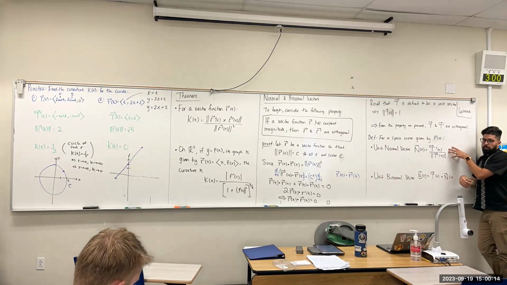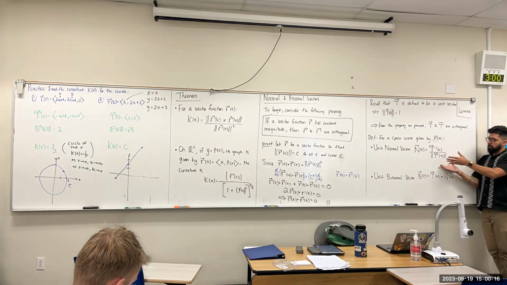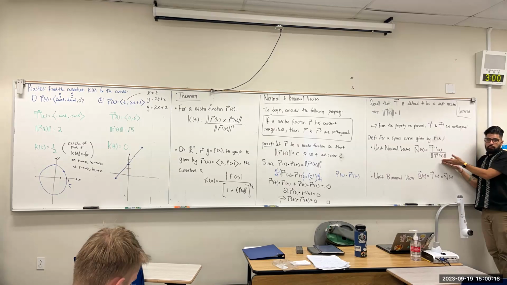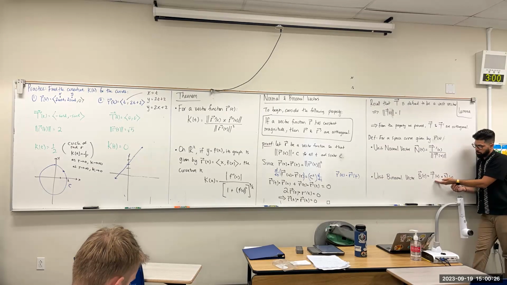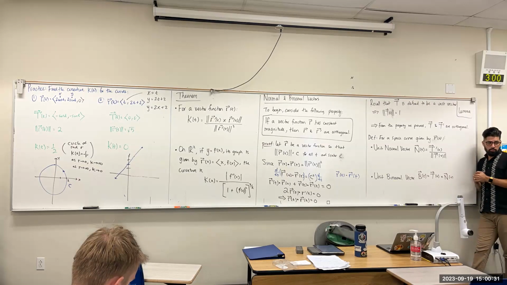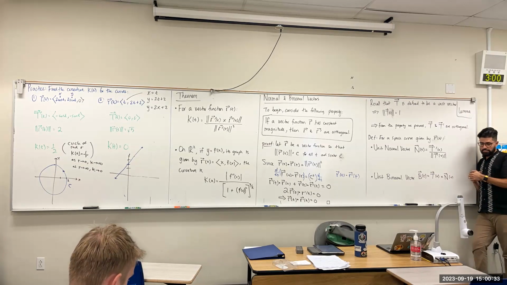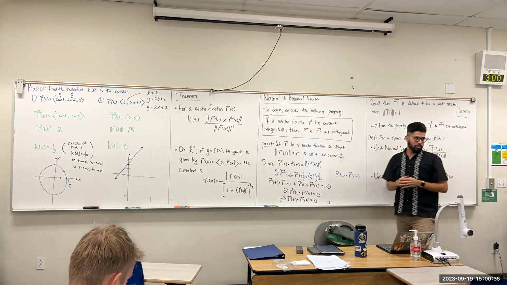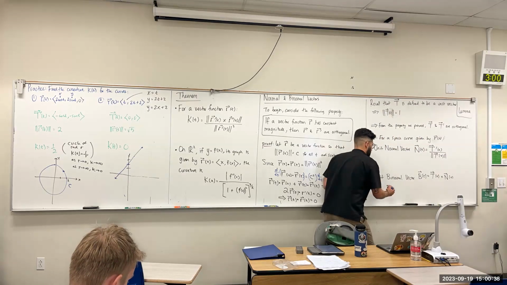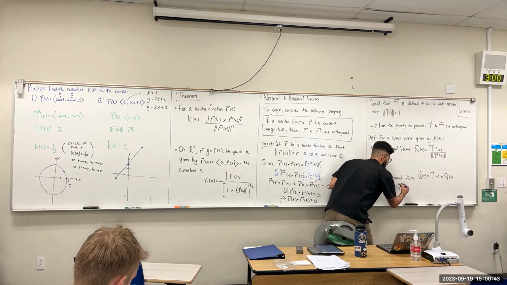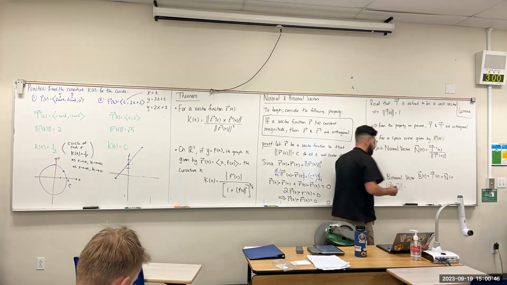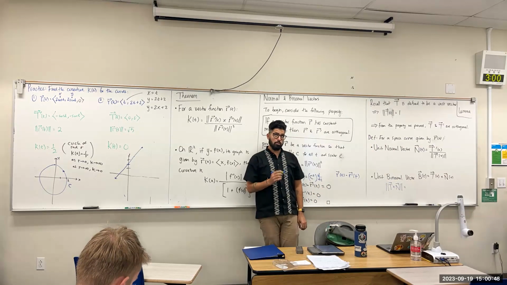It's clear that N has to be a unit vector because we're dividing by the magnitude of the vector on top. But how do we know that a cross product of this unit vector with another unit vector is also a unit vector? What theorem did you learn to find the magnitude of the cross product?